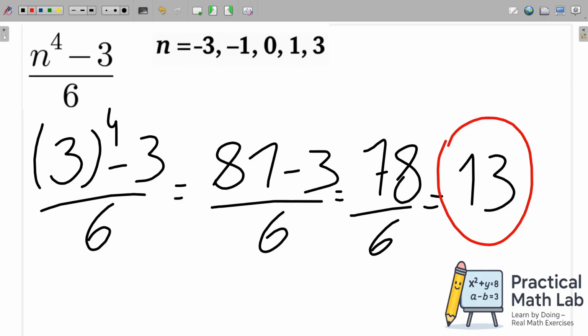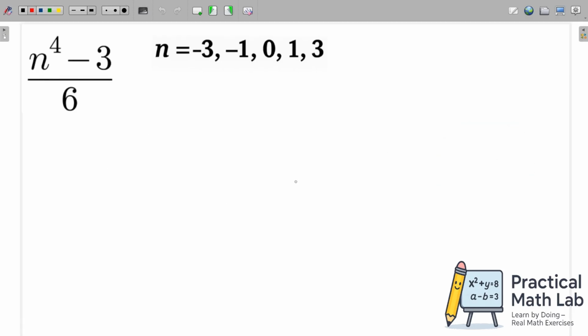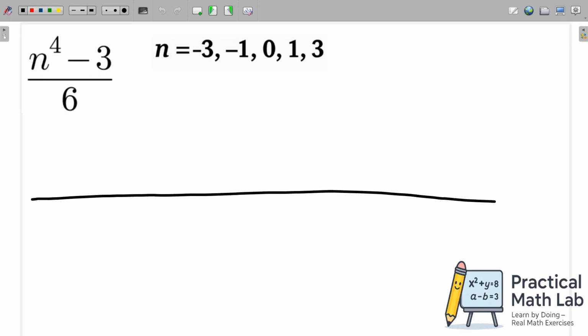Now, what is the smallest number for n? Let's put it here on the number line. All right, let's say 0 is here. When n is minus 3 or 3, it's 13.